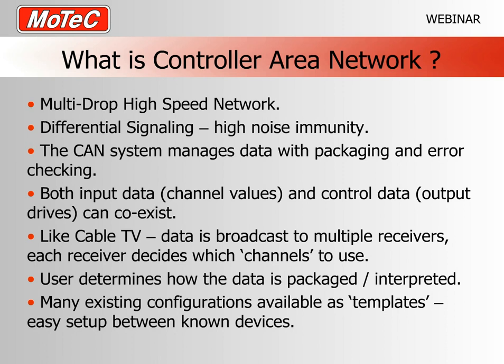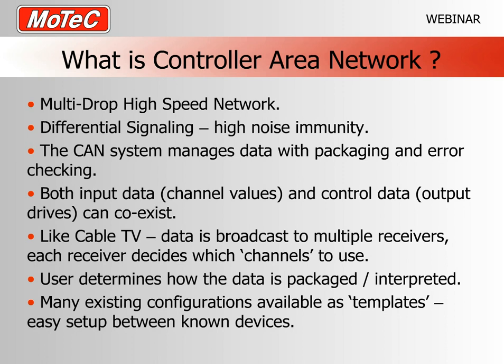So CAN works like cable TV, where again we have a multi-drop system, and that allows one device to transmit data which can be received by multiple devices. A typical example of this would be an engine ECU that might transmit something like throttle position and road speed and engine RPM, and then you may have multiple devices hanging on the CAN bus, for example dashboards, gearboxes, brake, ABS controllers and so forth, and each of these devices will be looking at this data because they may all find engine RPM, for example, or road speed to be a useful piece of data.